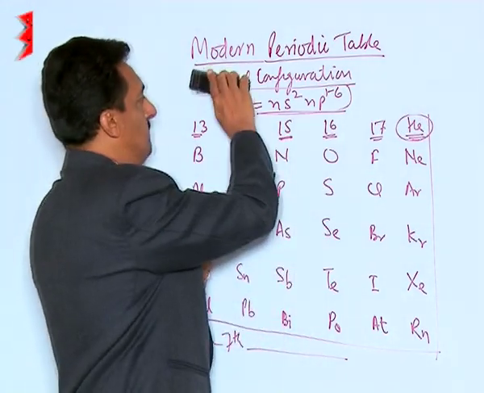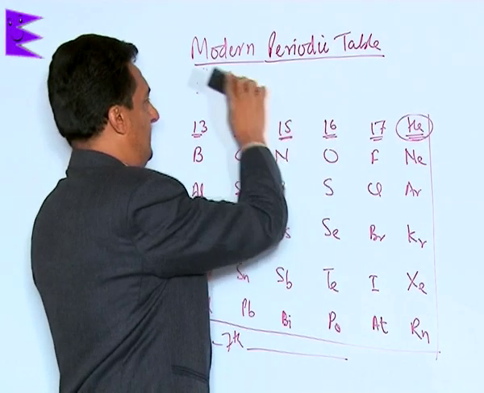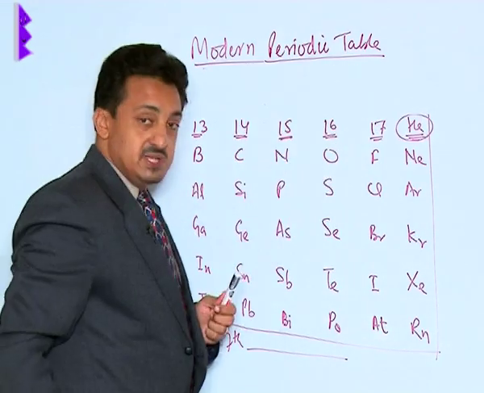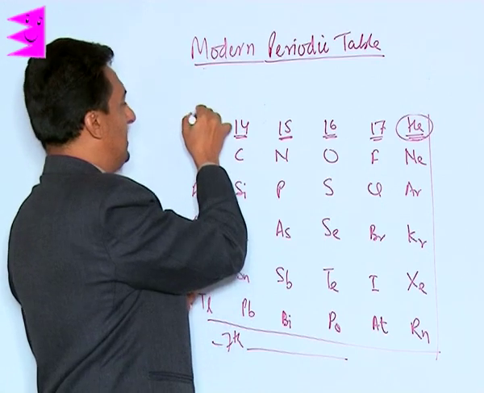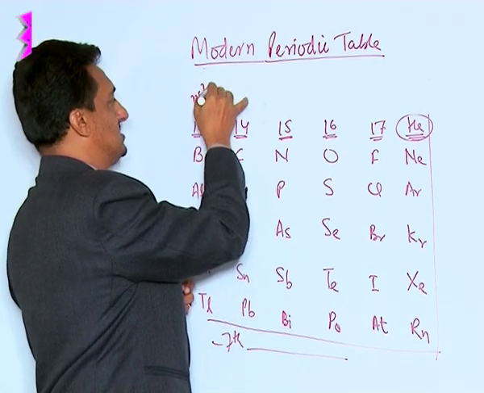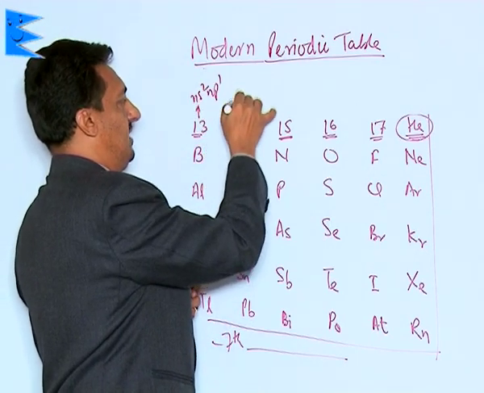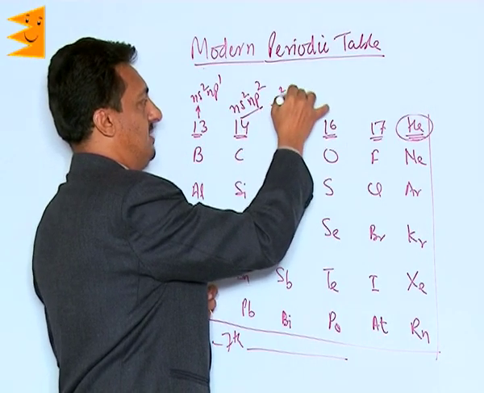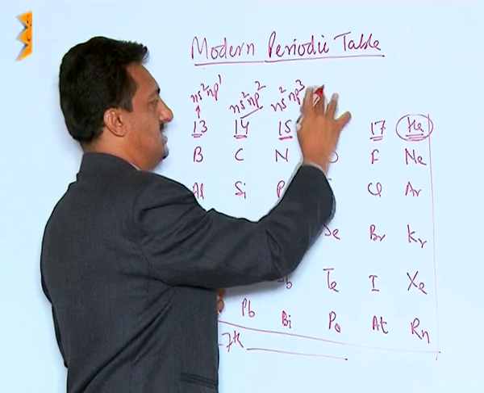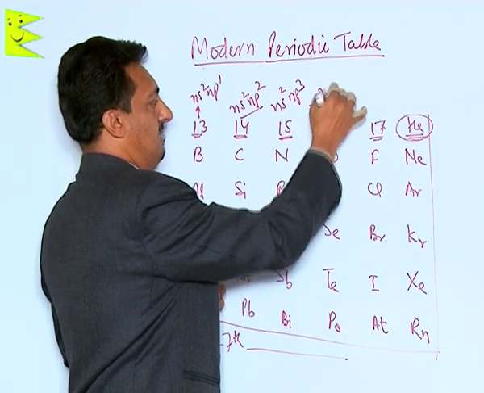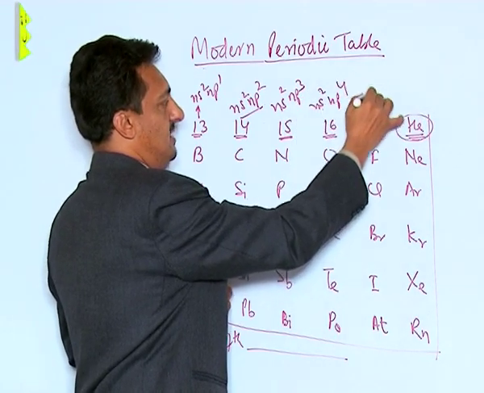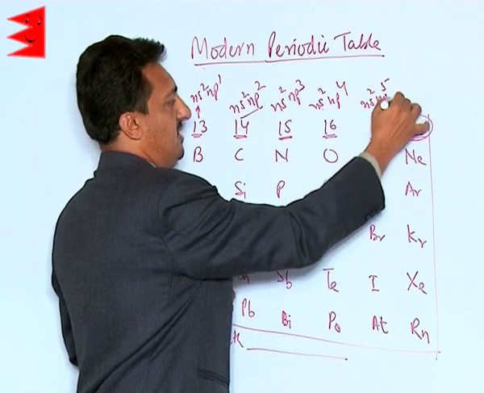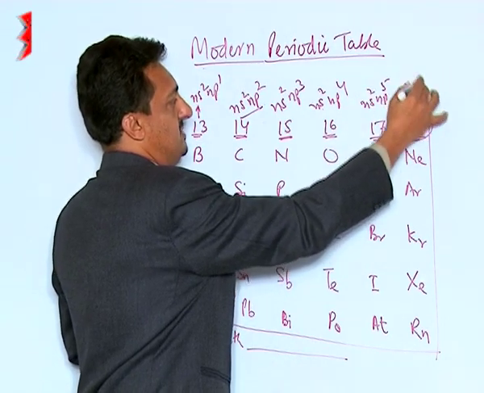Now let us see the configurations of these groups individually. The 13th group has ns2 np1, then ns2 np2, ns2 np3, ns2 np4, ns2 np5, and ns2 np6.